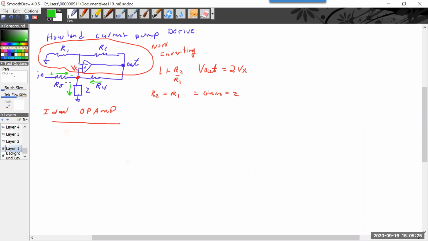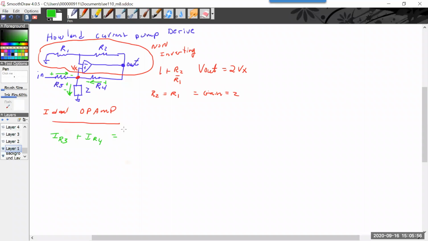We put our positives and our minuses, right? And then we write our nodal equation, IR3 plus IR4. And even myself, when I'm doing this, sometimes I'm so used to going from left to right that I forget the current is coming into the node, and I put that on the wrong side.